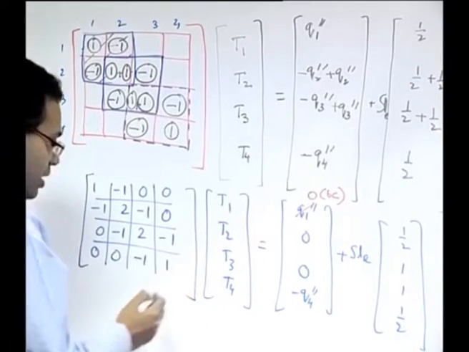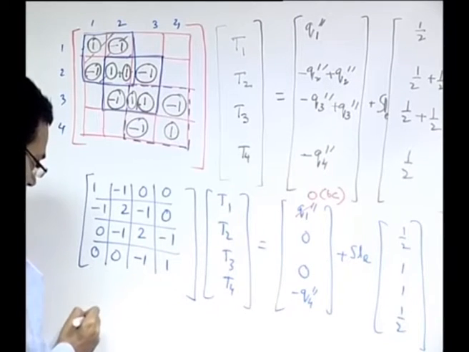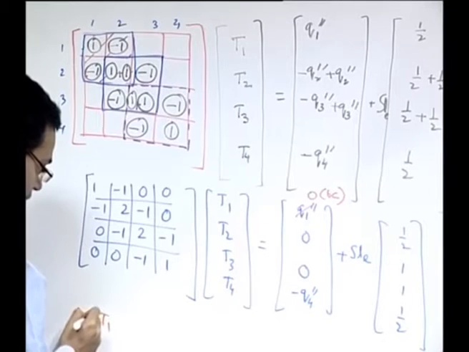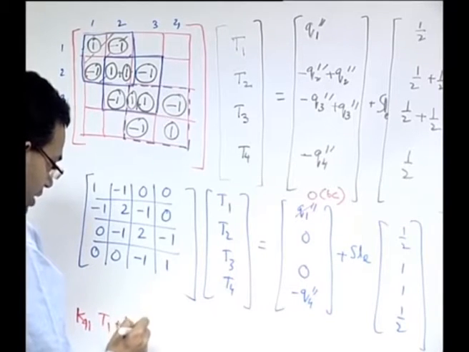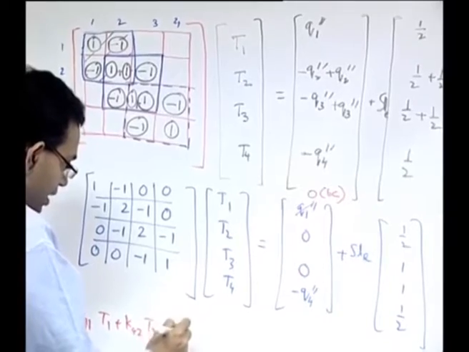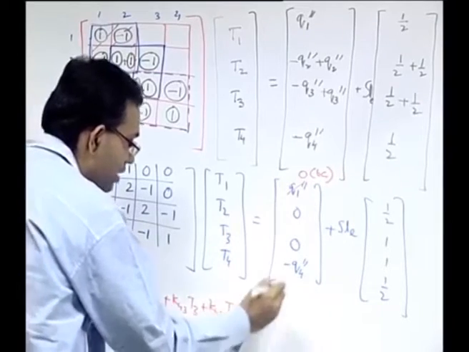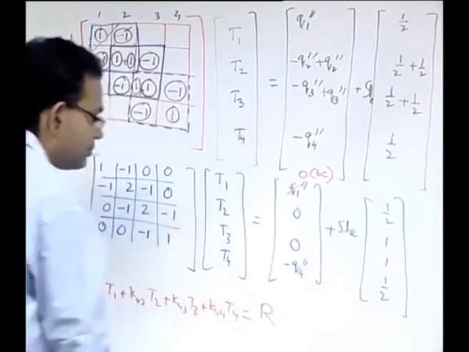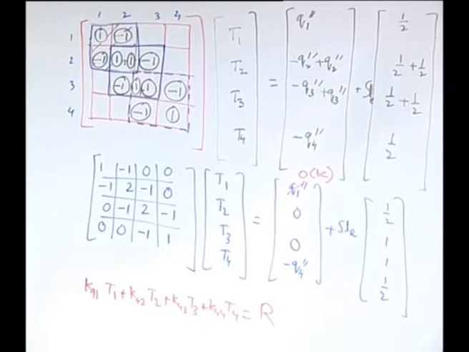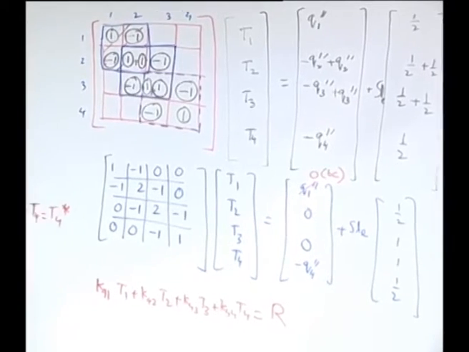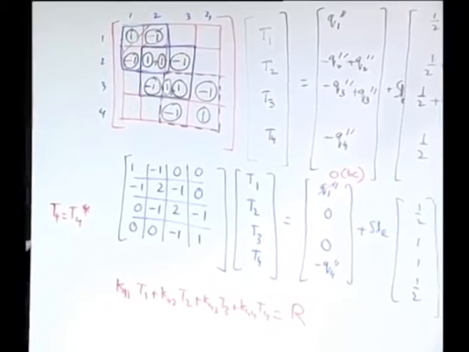So, the final equation for T4 is like this: K41 T1 plus K42 T2 plus K43 T3 plus K44 T4 is equal to some right hand side R. And let us say the value of T4 is specified as T4 star. So, we will play a small trick with this one.